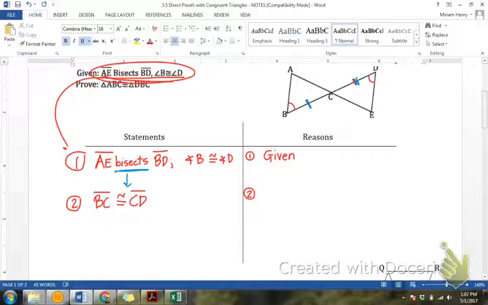So this is where we look back at page 30. Reasons that sides are congruent. We just wrote down definition of segment bisector, right? And so we see the word bisect in our proof. So that means that I need bisect in my reason. Definition, we can abbreviate definition of segment bisector.